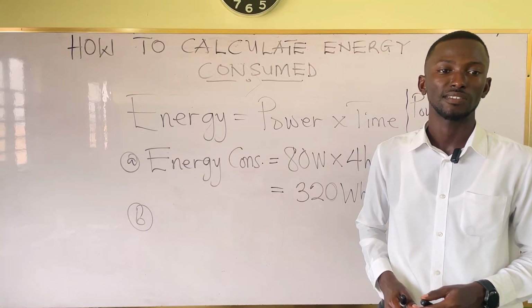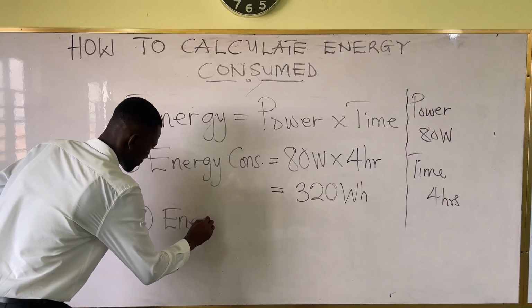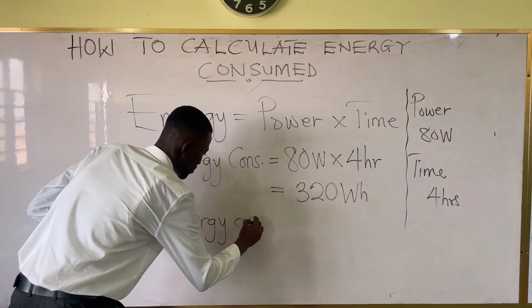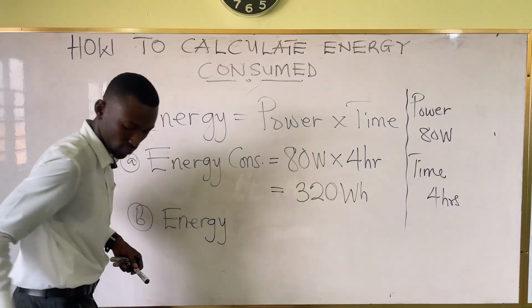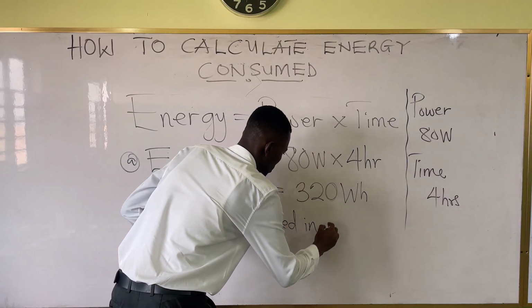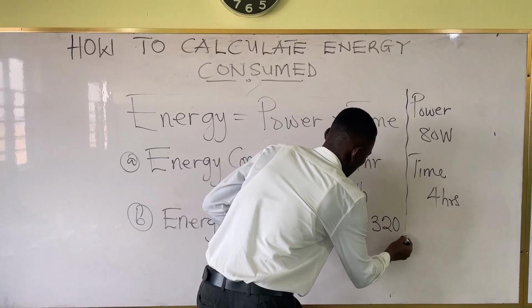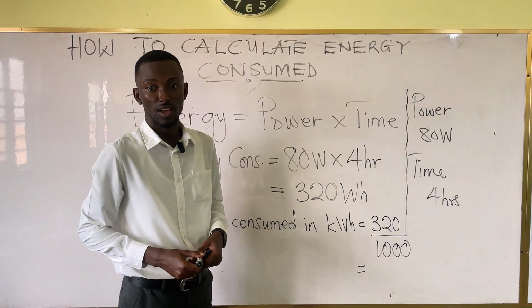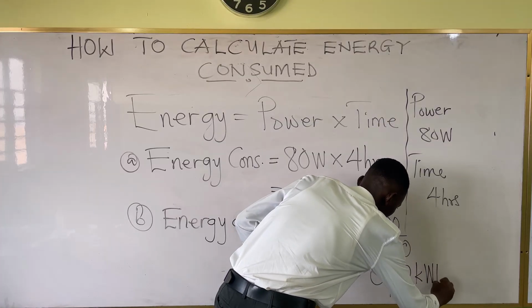320 watt hour divided by 1000. That gives us 0.32 kilowatt hour.